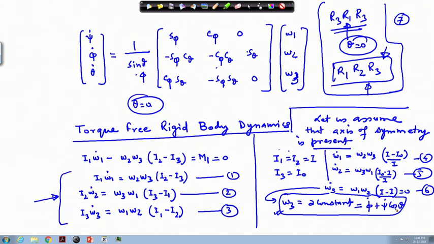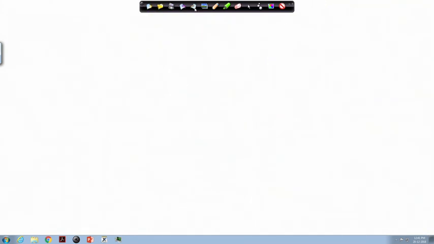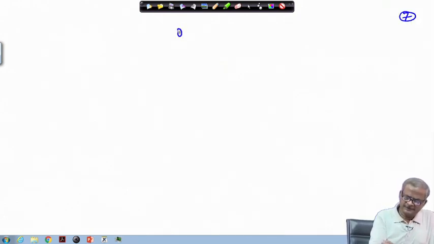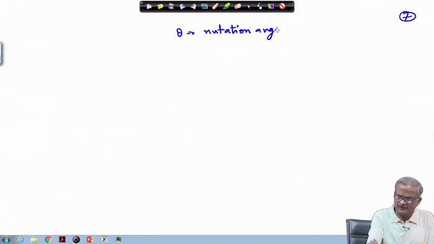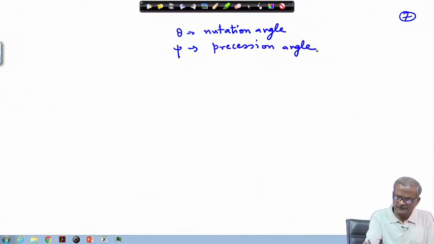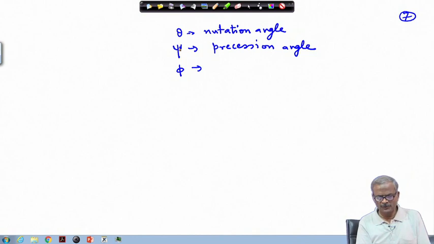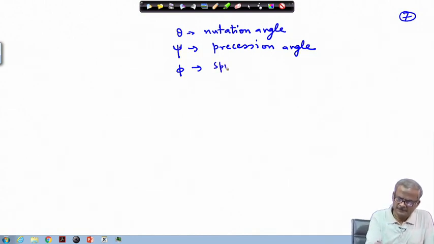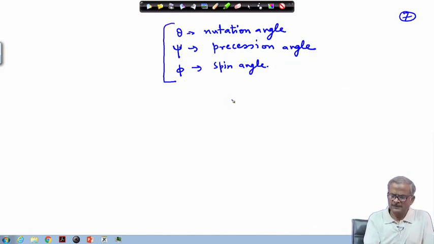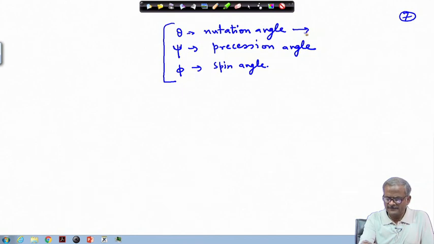As I have told you earlier, this theta is called the nutation angle, this psi is called the precession angle, and phi is called the spin angle. In the case of the aircraft, the same thing is called the elevation angle.